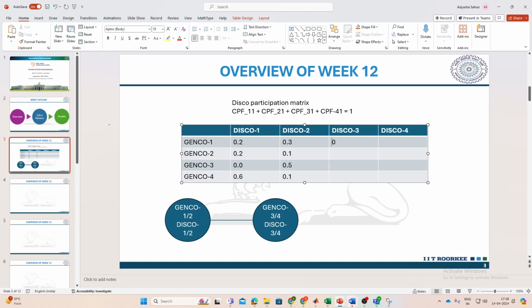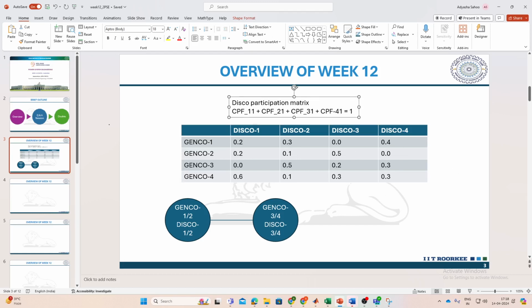Here 0, 0.5, 0.2, 0.3. This will be 0.4, this will be 0, this will be 0.3, this will be 0.2, and this will be 0.3. So you can see each column is adding up to 1.